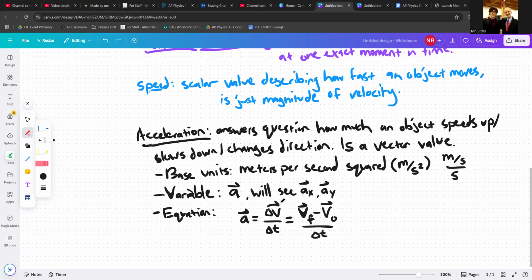And keep in mind with this equation and all the other ones we use, this is not only useful for finding acceleration. If we know what acceleration is, and let's say we know initial velocity as well, and we know the time, we could plug in: okay, acceleration is 5, initial velocity is 1, time is 4. You could plug all those numbers in and then solve with algebra, we could isolate and solve for v final if you wanted.